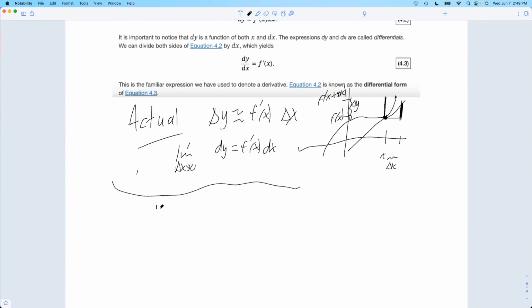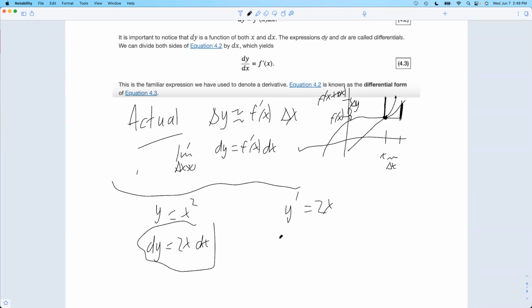So if I had, say, y equals x squared, then dy would be, take this guy's derivative, 2x, and multiply by dx. That's it. You take the derivative and you write a dx beside it. Algebraically, it's kind of the same as saying y prime equals 2x.